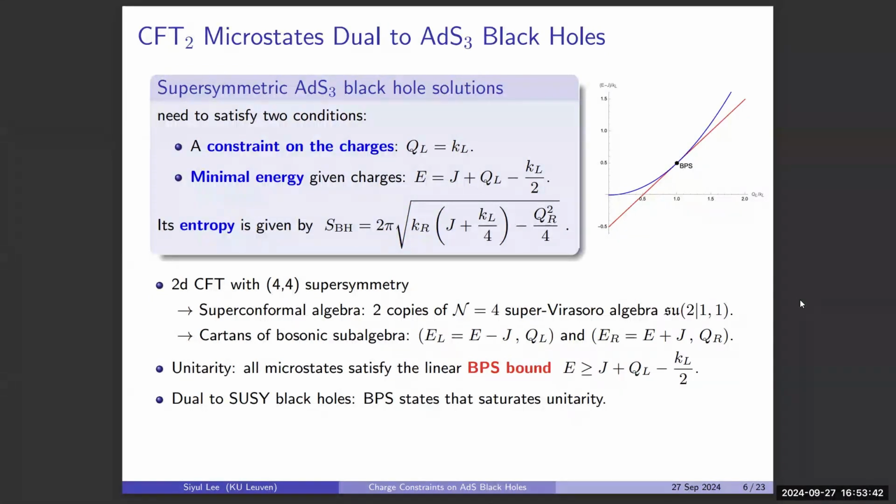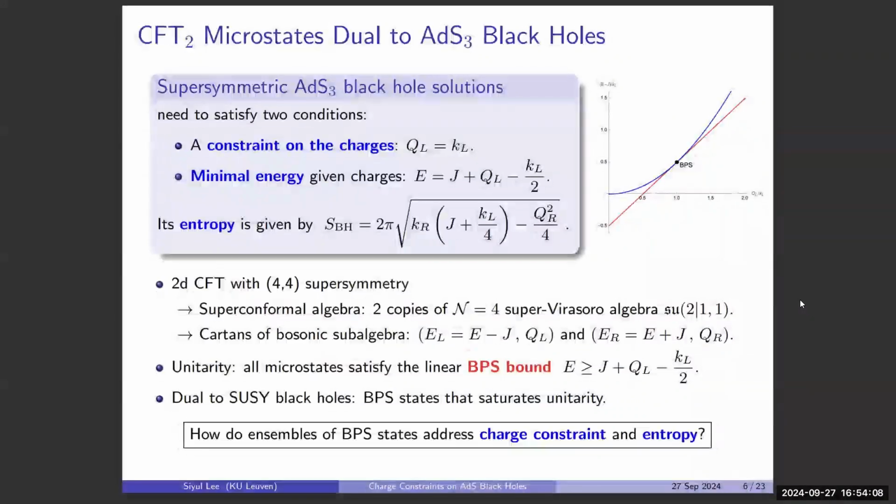So that's an argument that dual to the supersymmetric black hole is an ensemble of BPS states that lives on the red line. And that addresses the minimal energy condition: the macroscopic charges of the ensemble will have to live on the red line as well. But now there are two more questions to be addressed, the charge constraint and the entropy.